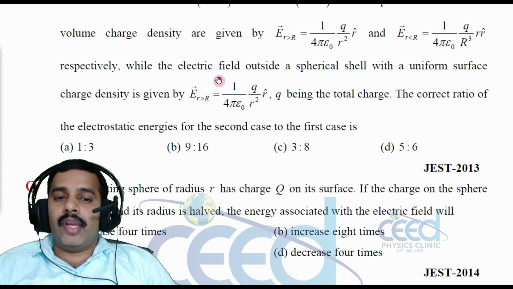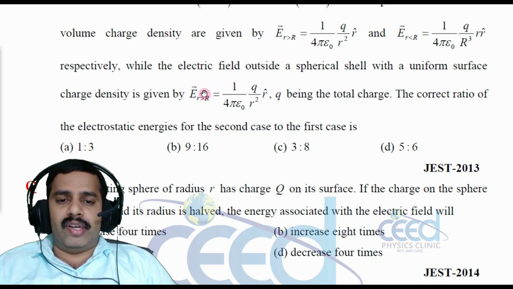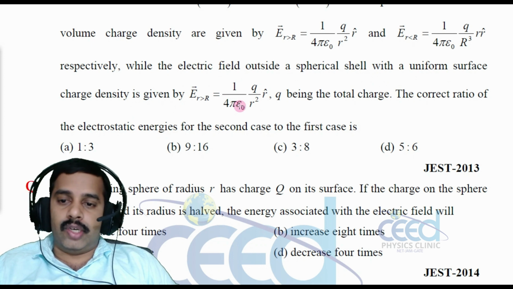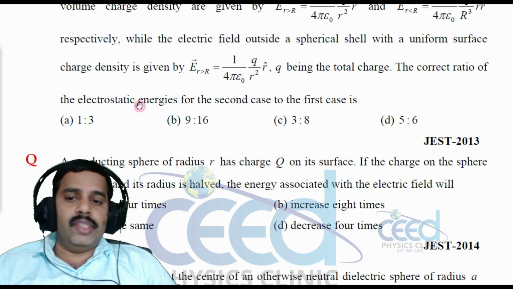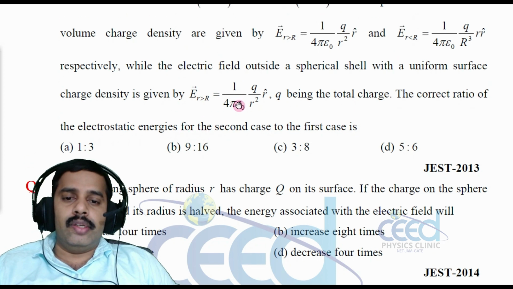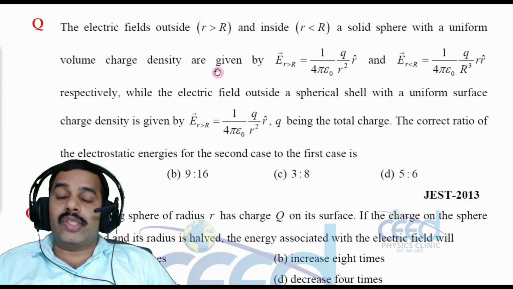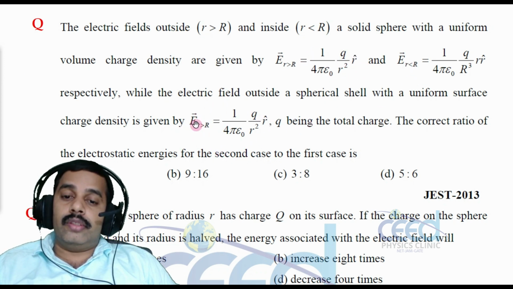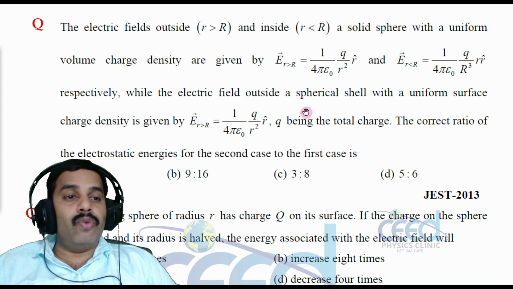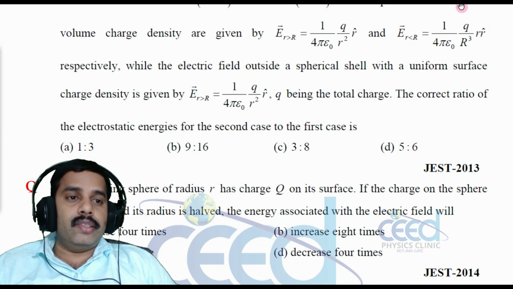Inside and outside. And for a spherical shell, the electric field outside is also given. Inside a spherical shell it is 0, which we already know, right? Now we need to find the ratio of the electrostatic energy for the second case to that of the first case, right? So that is the question. So the electrostatic energy in the case of a solid sphere and a shell, for a spherical shell we have already derived, so you can take the ratio, right? All right.